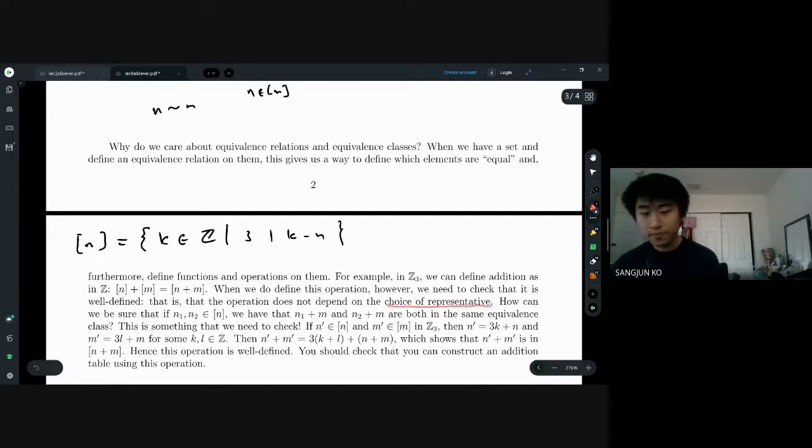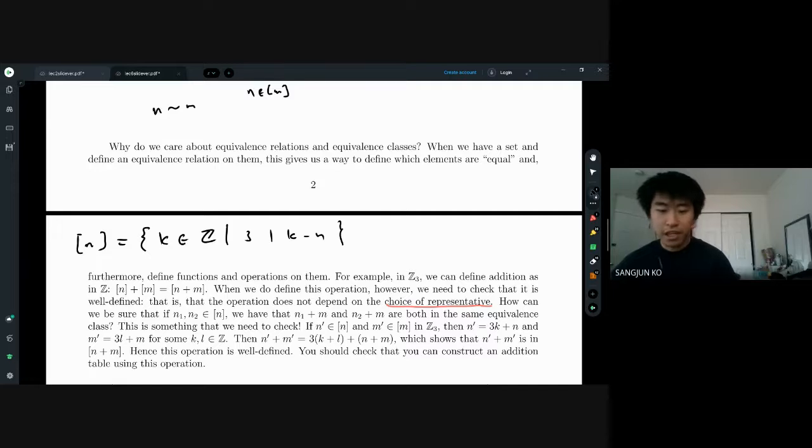How can we be sure that if we have two different elements in this equivalence class, n1 plus m and n2 plus m are both in the same equivalence class, and come out to be the same thing when we mod out via equivalence classes? That's something we actually need to check when defining these operations on equivalence classes.